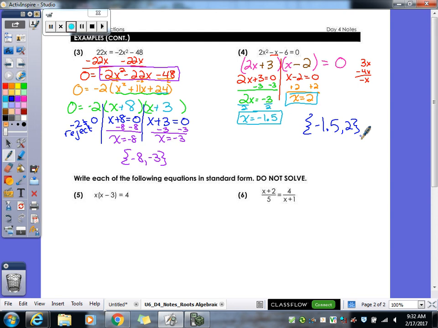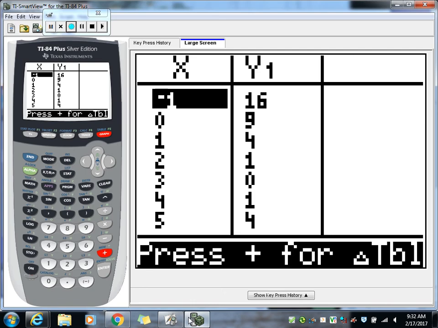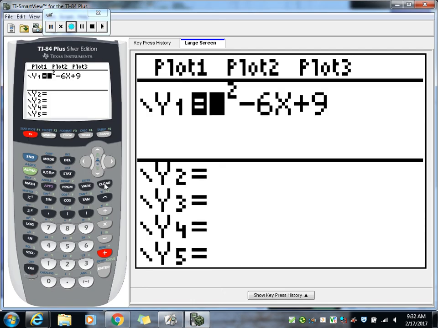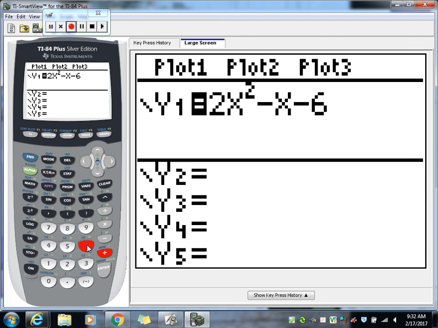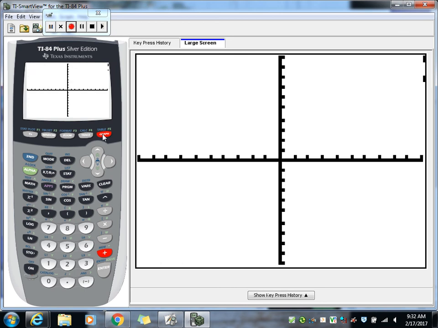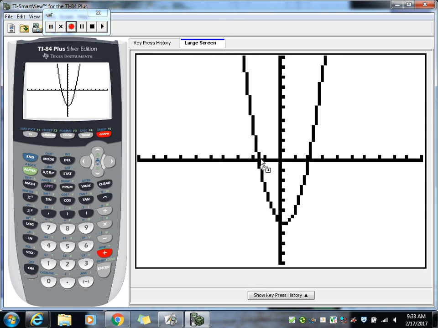But let's check it. So 2x squared minus x minus 6. Let's take a look at the graph. So over here on the left, we are kind of estimating, but isn't that about negative 1.5?